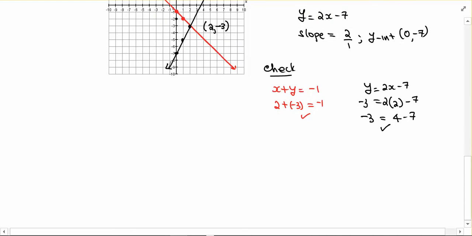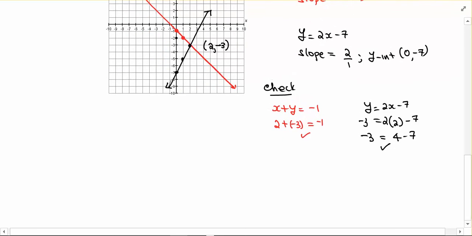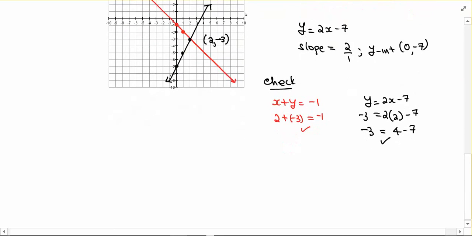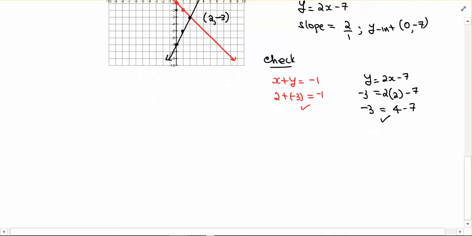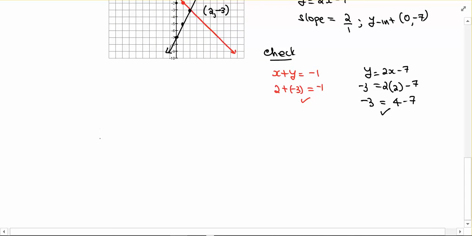Now, what we've been doing here is what's called solving systems of equations graphically, right? That's what this is called, solving a system of equations. So if you were told solve x plus y equals minus 1, y equals 2x minus 7, the two equations that we did above, it's usually written with the two equations one on top of the other.